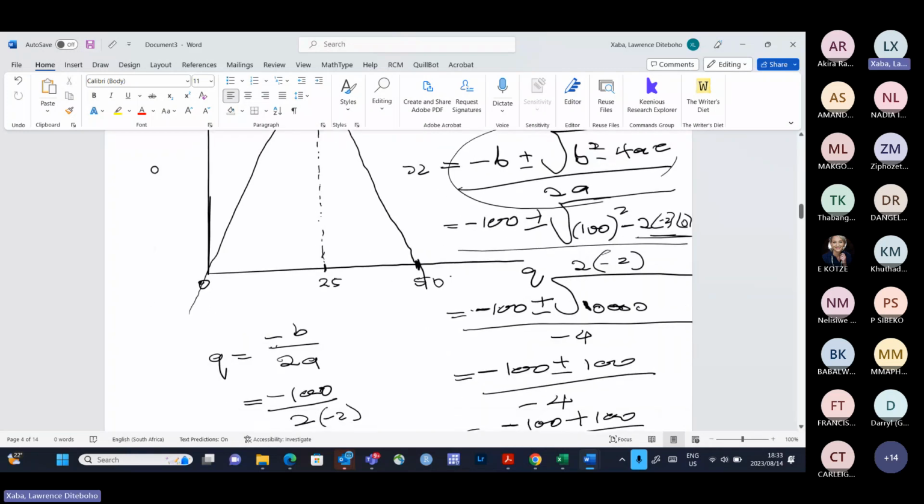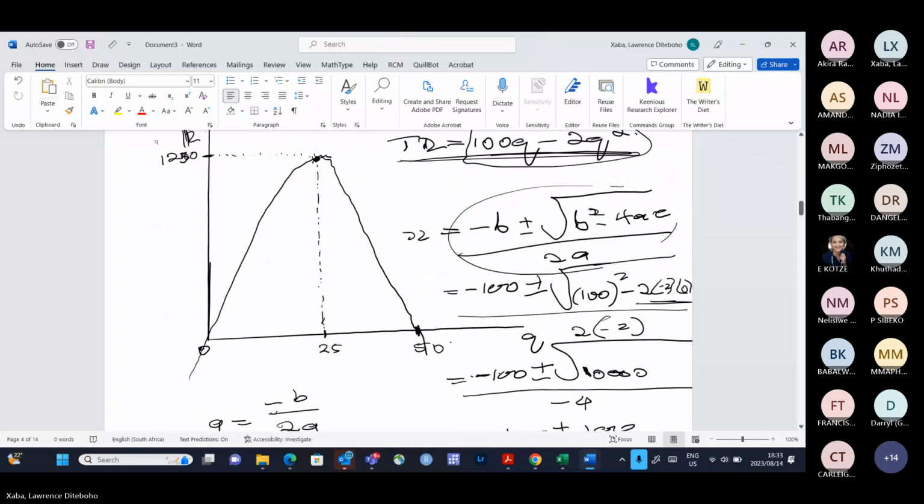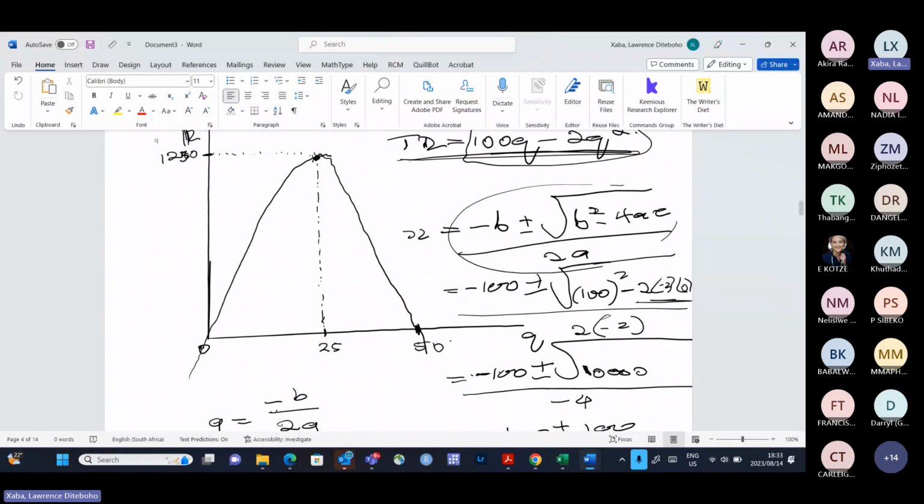Like I said, the two values that we're interested in are the value of Q, the quantity of products that we are going to produce, and how much we are going to make from there. So if we produce 25 units, it's going to give us a total revenue of 1,250.